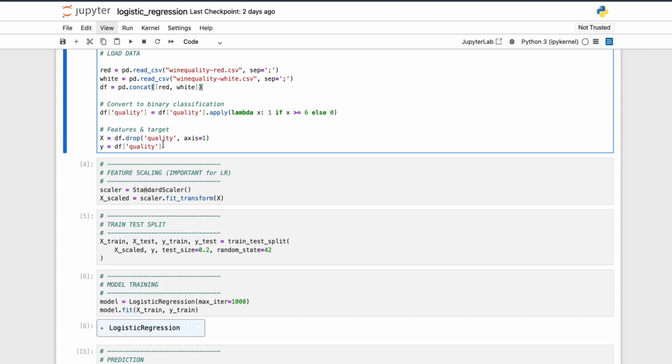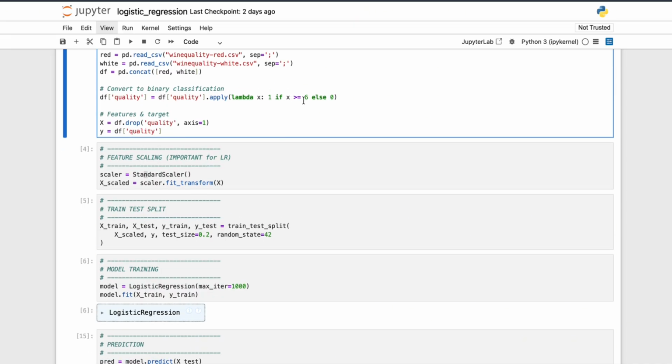If the wine quality is 6 or above, it is labeled as 1, which means high quality wine, and otherwise it's labeled as 0, which means low quality. This conversion allows the model to classify wines into 2 clear categories.